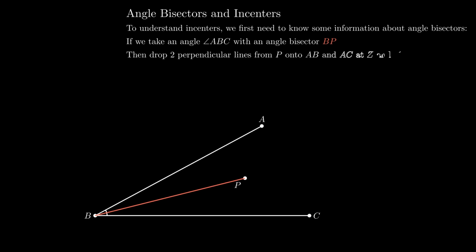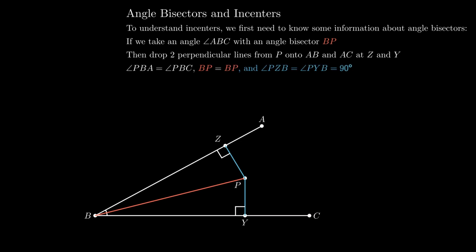Then drop two perpendicular lines from P onto AB and AC at Z and Y. These lines are the distance of P from the sides. Then angle PBA is equal to angle PBC. BP is equal to BP, since it's the same line.